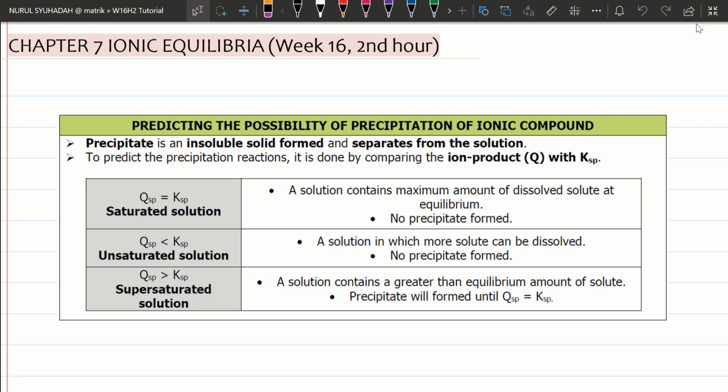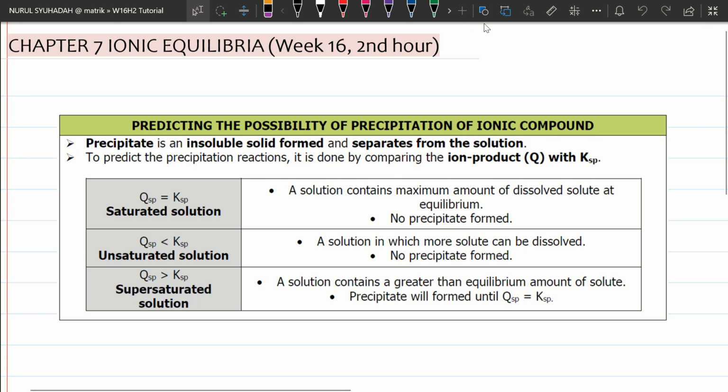Okay, and then kita nak tengok boleh akan terhasil ataupun tidak kita punya precipitate. Okay, macam mana? How do we predict either we can have ataupun we can produce precipitate ataupun tidak?